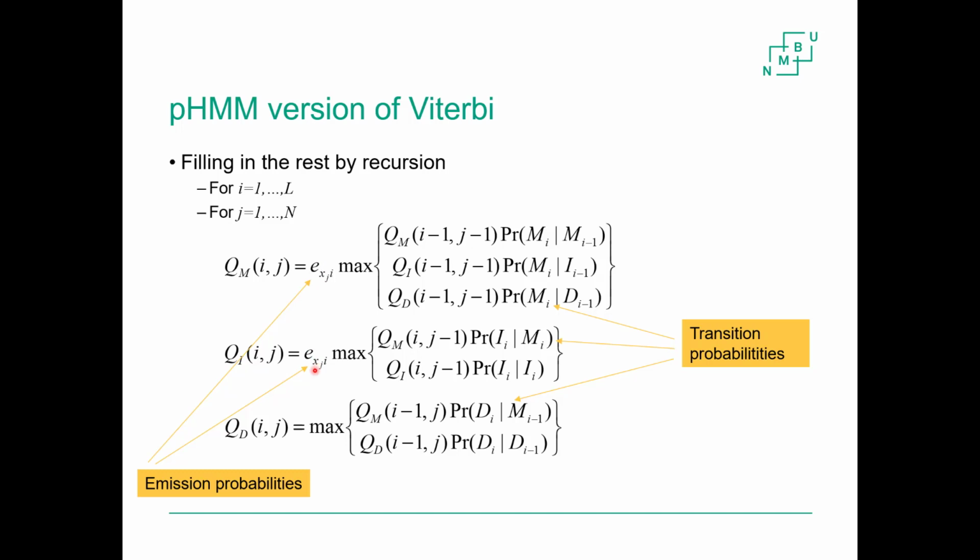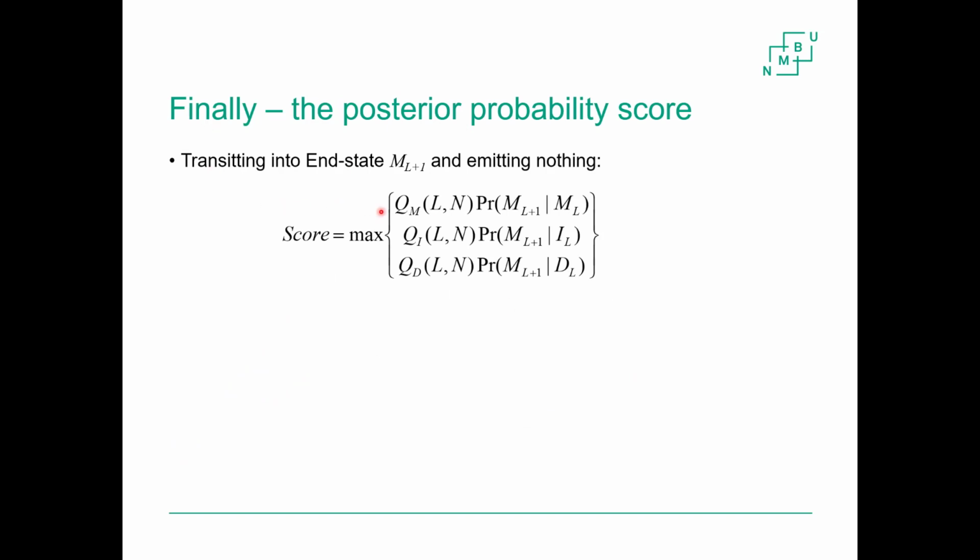They are here only. Okay, so if you implement this with a double for loop and put this in the inner for loop, you can actually compute and fill in these matrices from the upper left corner to the lower right, once you have the initiation from the previous slide. And then the last step is to go from the lower right corners of these 3 matrices. Notice row L, column N, this is the last cell.